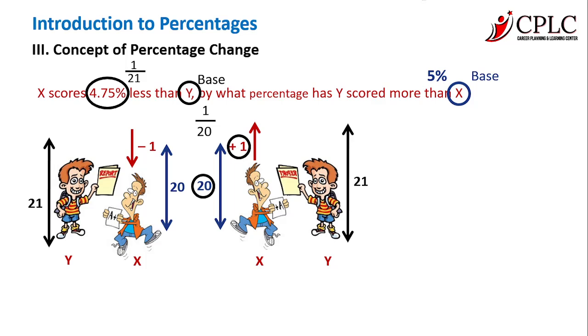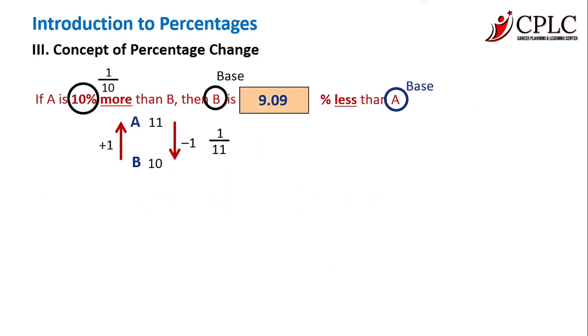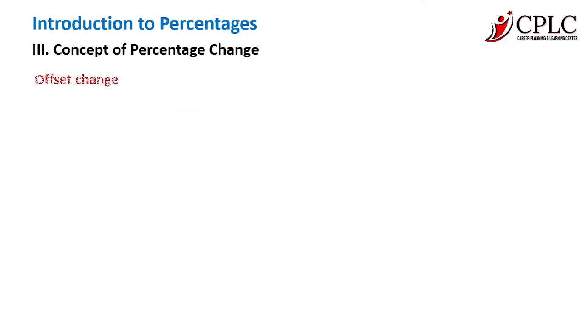So that's about percentage change as a concept. There is one more last one, that is something called offset change. Now first of all, we need to understand what exactly is meant by offset change. Offset change is an idea which is utilized when you want to bring your value back to the original number.